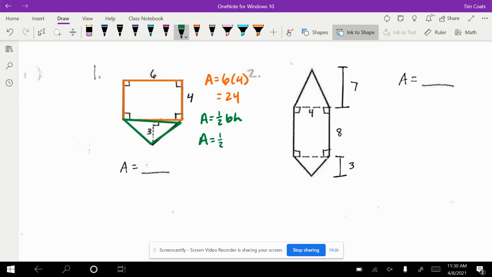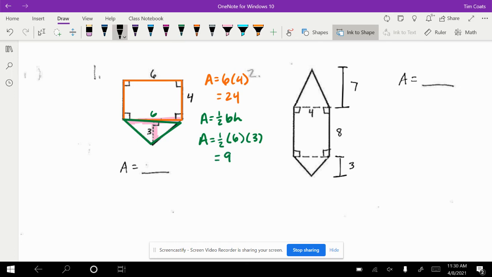We don't know what this base is, but we know in a rectangle, opposites are congruent. So 6 is the base there, and the height is 3. Remember, I like to highlight the base and the height so I know which two I'm talking about. And 6 times 3 here is 9.